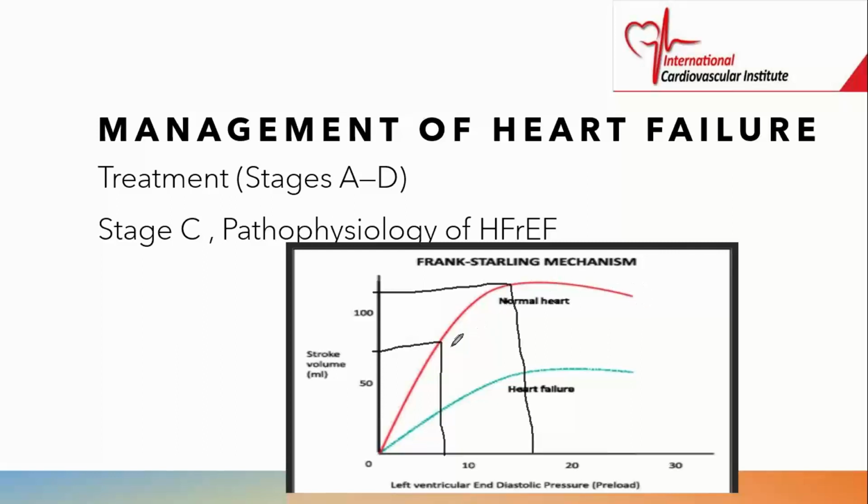But this is the normal curve, as opposed to the curve in a patient with heart failure. For someone with heart failure with reduced ejection fraction, the curve is shifted to the right. So for the same preload, you're going to get less output from the heart, because the heart muscle is weak and cannot pump out a sufficient amount of blood. This is the curve for the failing heart.